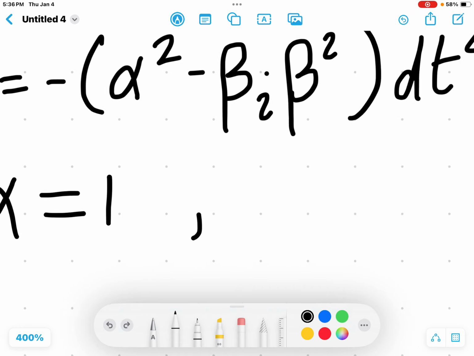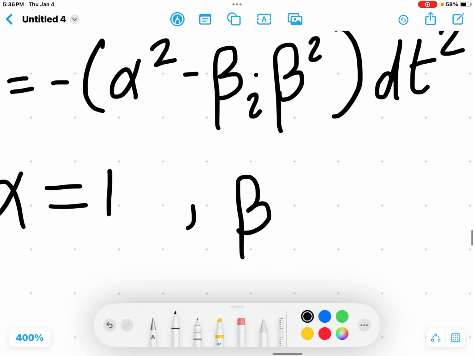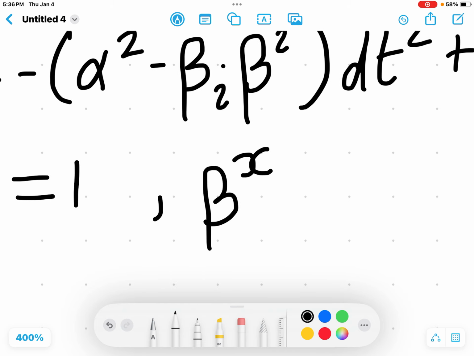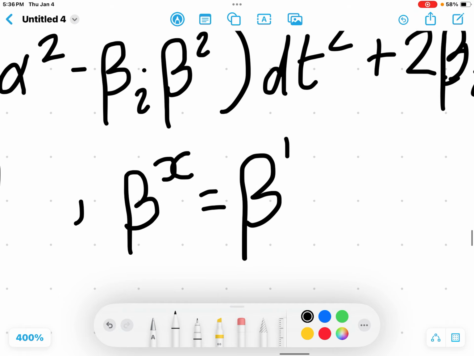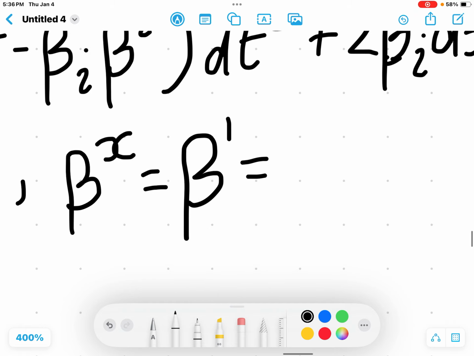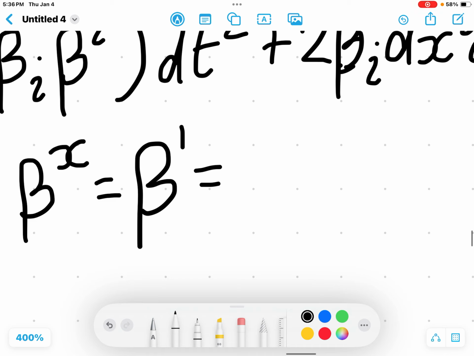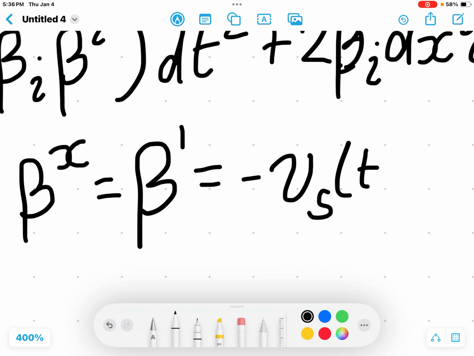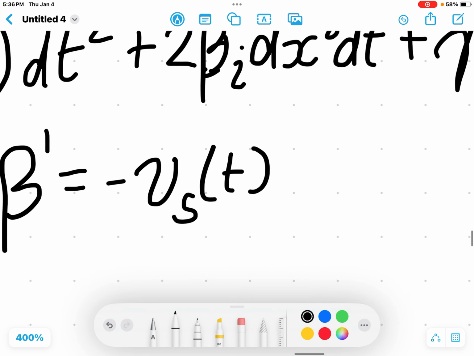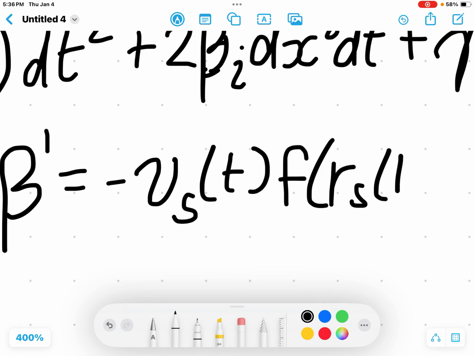So what he said was, okay, I'm going to let my beta^x, or my first component of my shift vector, which is usually a 4-vector, I believe, be minus v_s(t) times f(r_s).